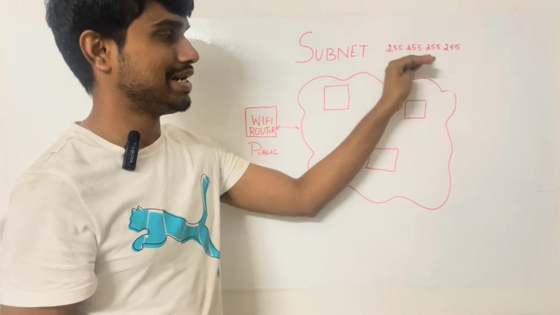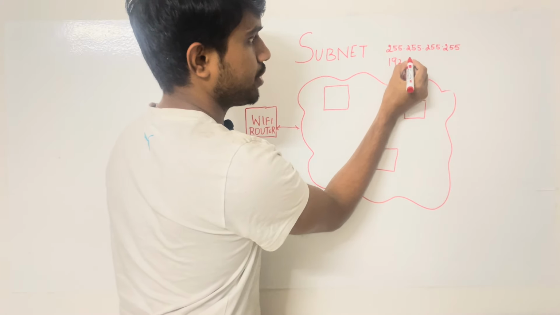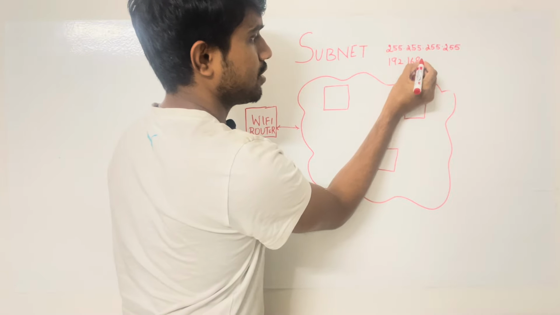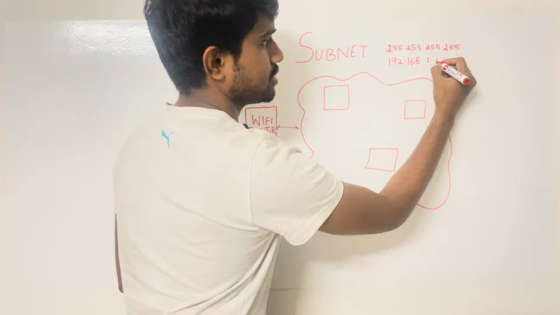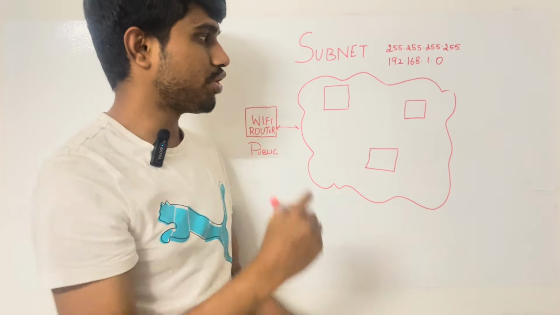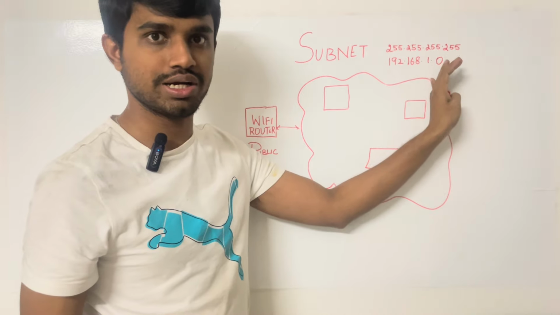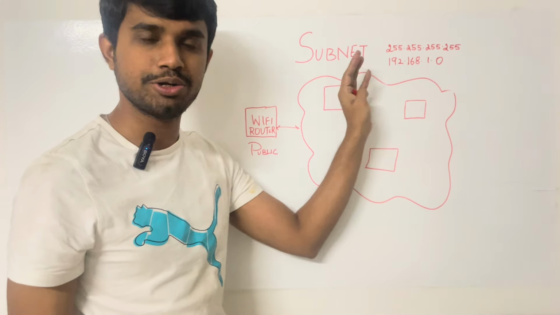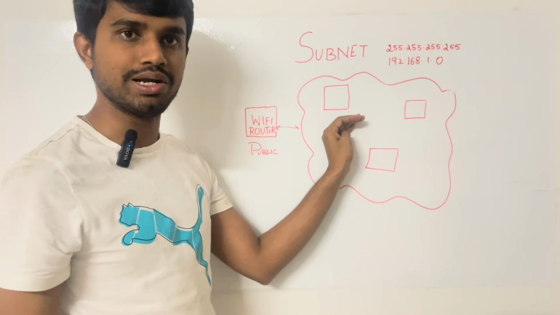So for a certain range, for example 192.168.1.0, one of the ranges is this 192.168, and whatever comes after that will not be assigned to any computer on the internet. It is always for the use of private devices.